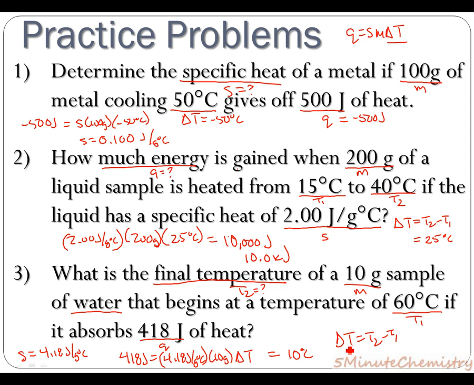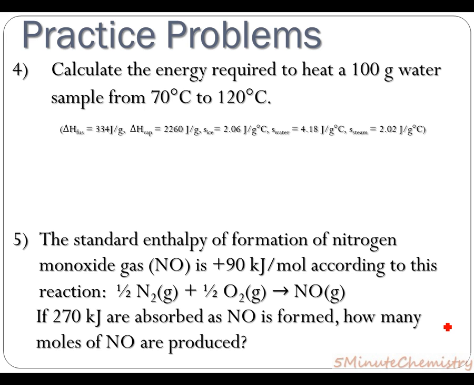I know that the delta T is 10 degrees C, and that is going to be equal to the final temperature minus 60 degrees C. What I can do is add 60 on both sides, and that'll give me T2. So 10 plus 60 is 70 degrees Celsius. All right, now I'm going to ask that you pause the video again.